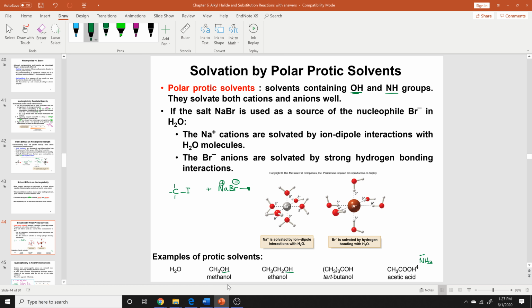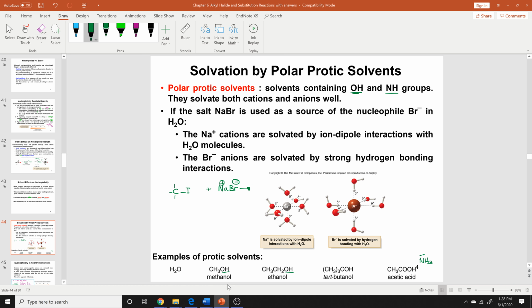Water is going to basically arrange itself around the cations and the anions of my nucleophile. And when it does, water is going to try to solvate the cations by an ion dipole interaction, and it's going to solvate the anions, since I'm using bromine here, by hydrogen bonding. If I'm not using a bromine, then I will have the ion dipole interaction.